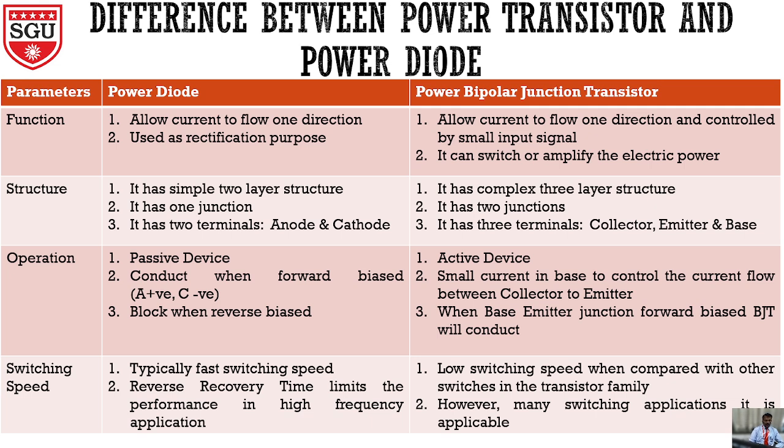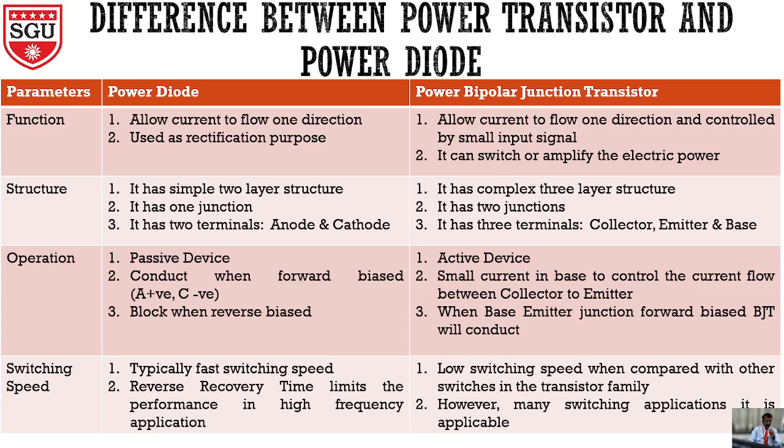Then second, the diode has only one junction. As we have two layers, automatically we have one junction. At the same time, the power bipolar junction transistor has two junctions. That means it has three layers, PNP or NPN, so automatically we have two junctions.